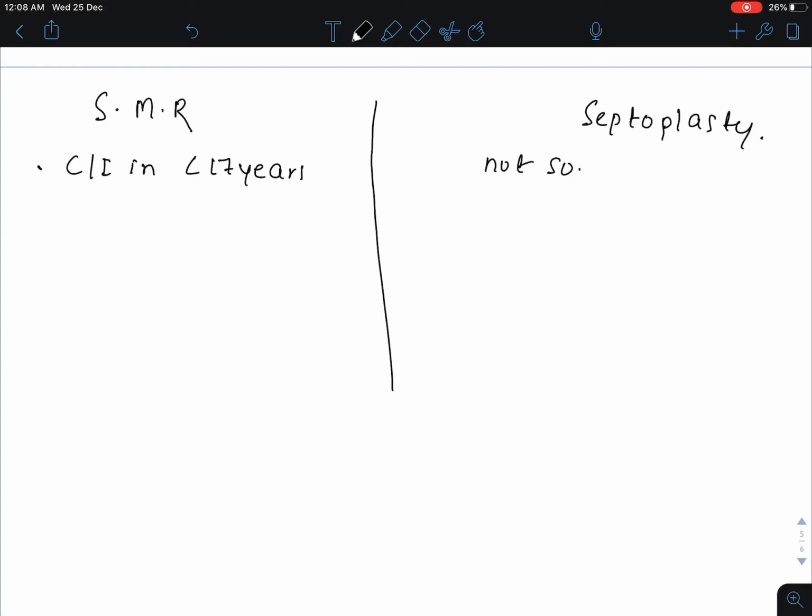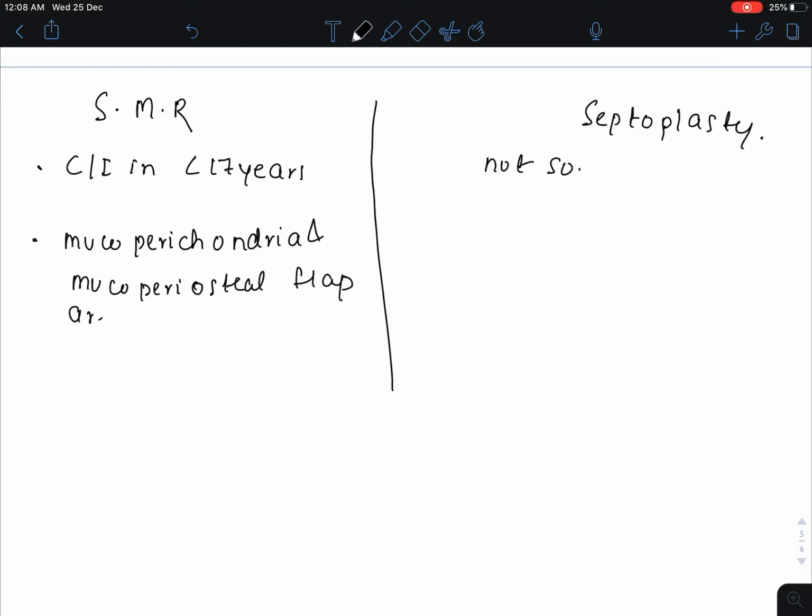In SMR, mucoperichondrial and mucoperiosteal flaps are raised from opposite side. Here in the septoplasty, mucoperichondrial and mucoperiosteal flaps are raised from the same side.